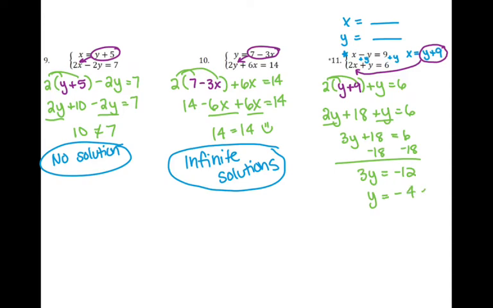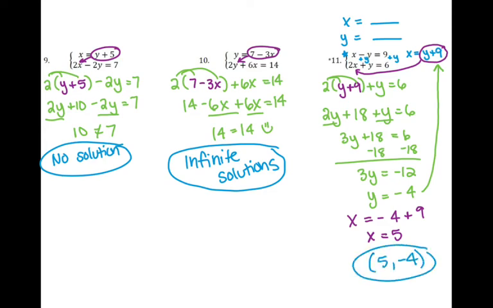And of course, I can take this and plug it back into my circled equation. So I have x equals y plus 9, but of course I now know that y is negative 4. And negative 4 plus 9 is 5. So my solution for this is 5, negative 4.